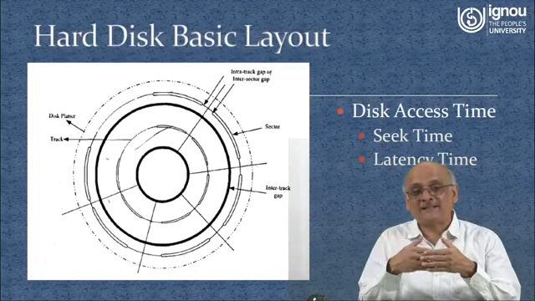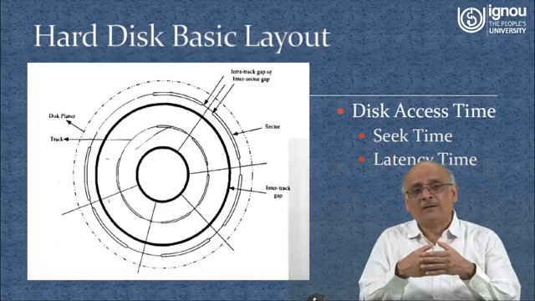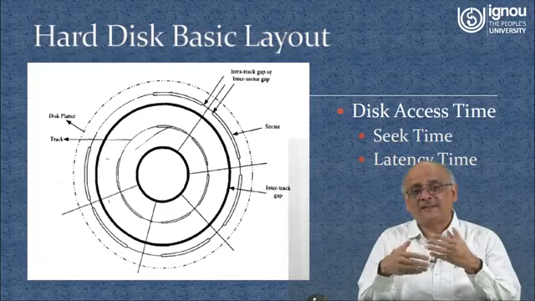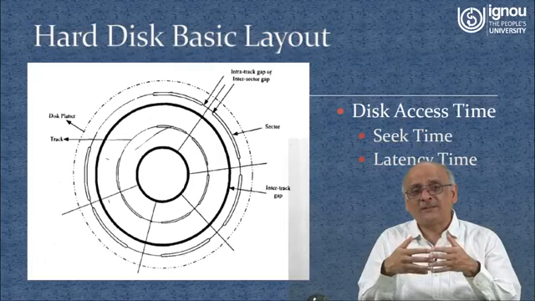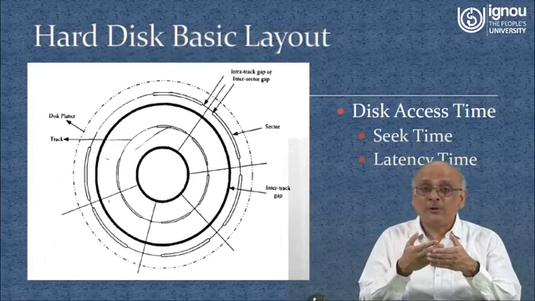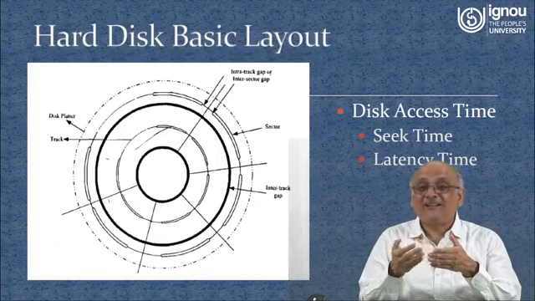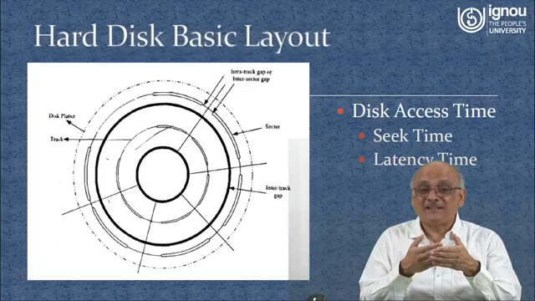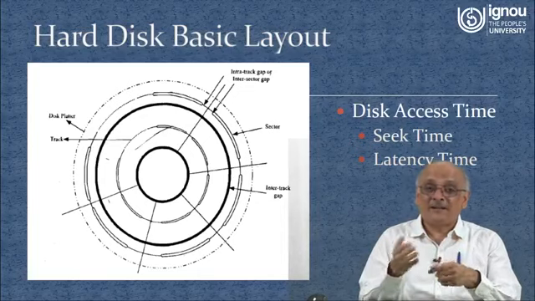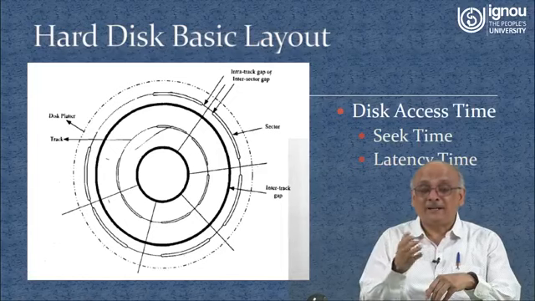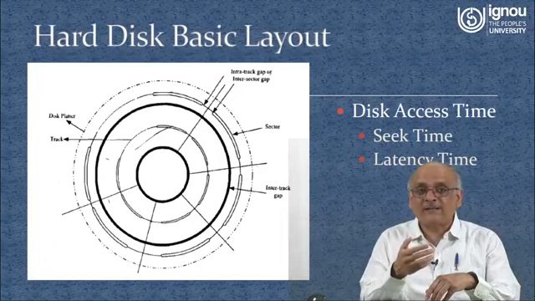What exactly is going on? First there are some hardware checks which go on in the machine, and then the operating system gets loaded into the main memory, and that is a very, very important step. Once the operating system gets loaded, what exactly is going on?